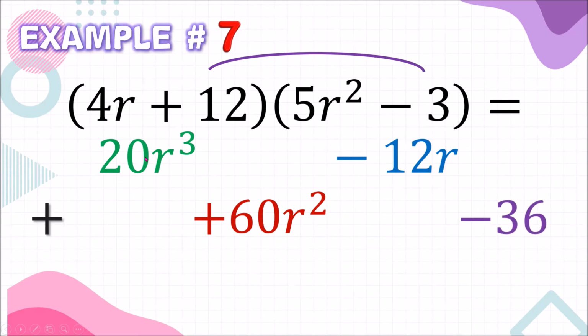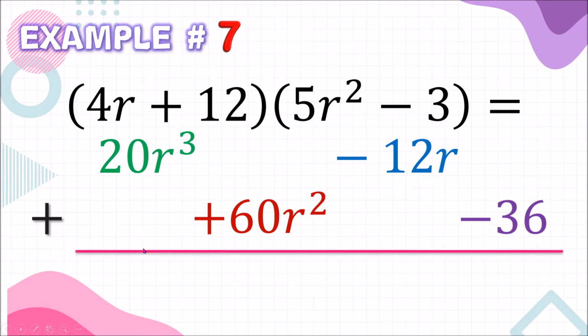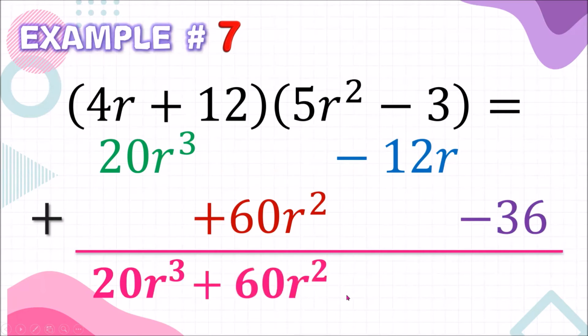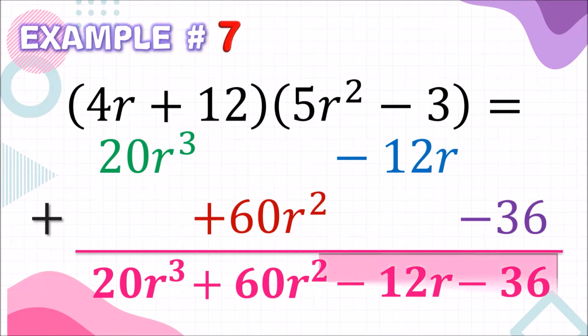So if you can see, class, I arranged the exponents from greatest to least, or descending order, decreasing order. So our final answer will be no similar terms. So just bring down all the terms here. We have here 4 terms. So 20r cubed plus 60r squared minus 12r minus 36. That is our final answer.